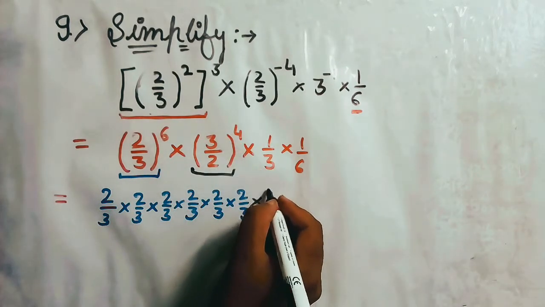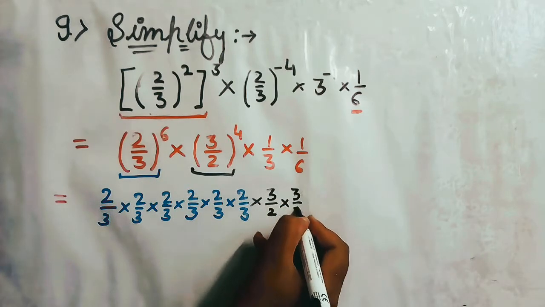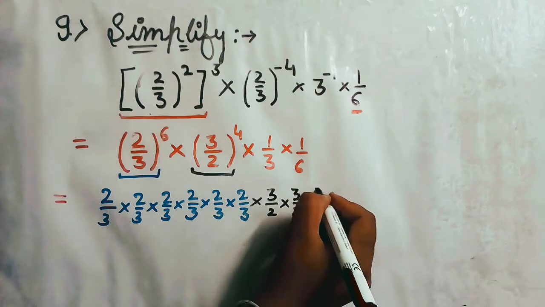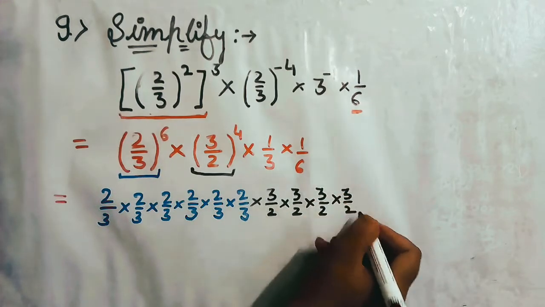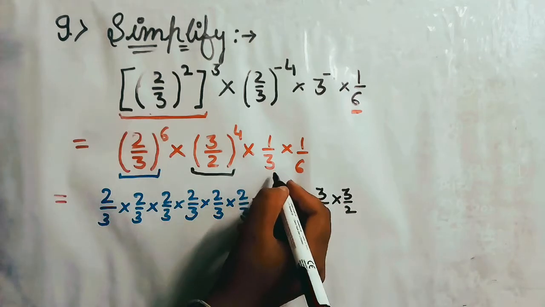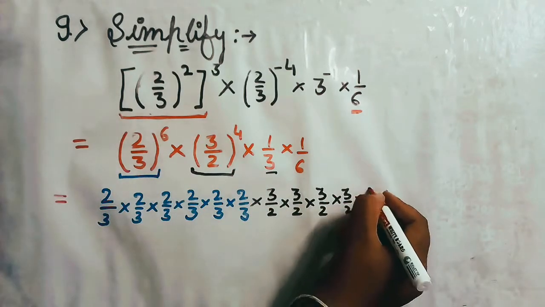So 3 upon 2 multiply by 3 upon 2 multiply by 3 upon 2 multiply by 3 upon 2, and 1 upon 3 is simplified, so simply write multiply by 1 upon 3.